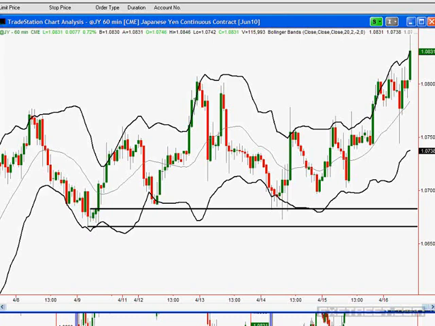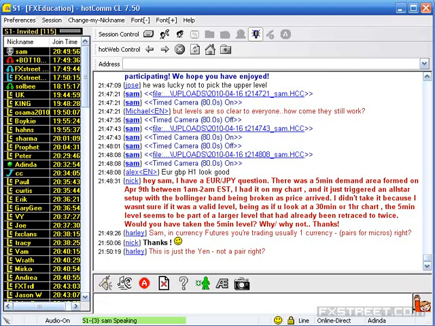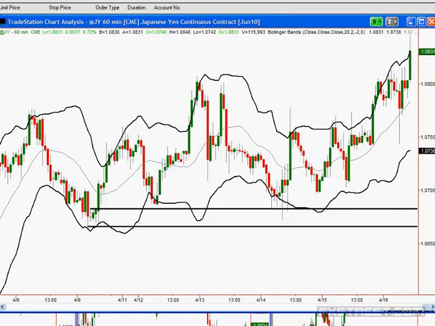Okay, there's your euro yen. So the ones that I've been showing you, remember, I said this before, I'll repeat it again here. When you're trading the Forex futures, you're only going to want to start trading the majors against the dollar.